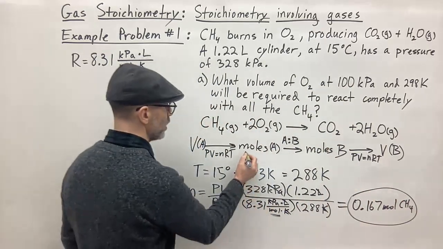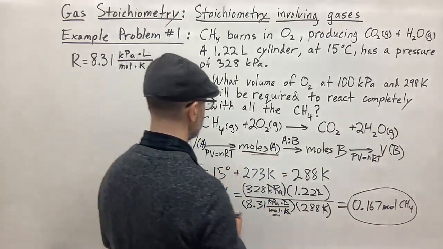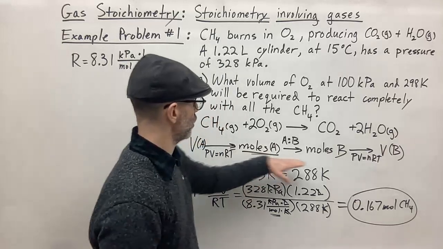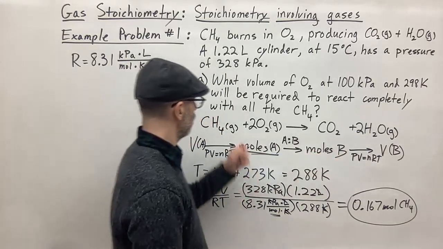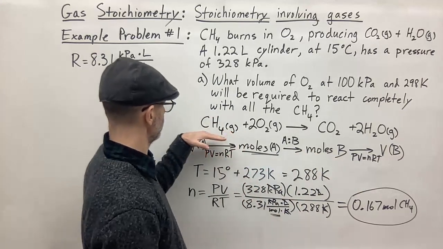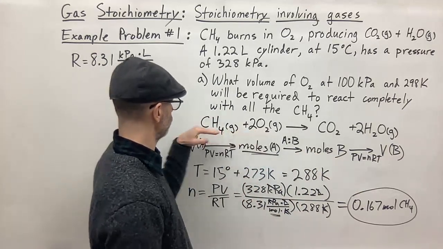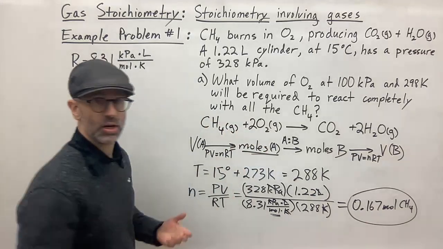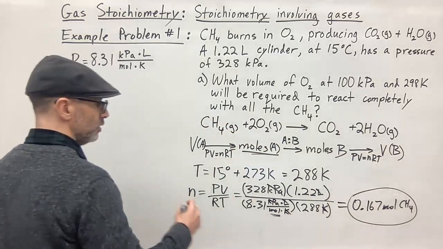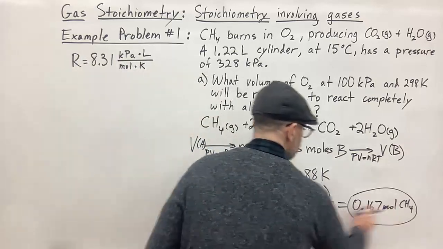So we got our moles of CH4, and now we're here in our roadmap. The next thing to do is use the mole ratio to convert moles of A to moles of B. We're interested in methane and oxygen, so it's a 1-to-2 ratio. Then we set up our conversion factor.